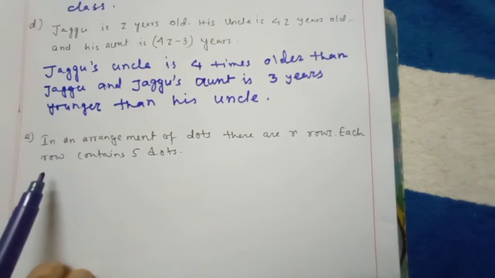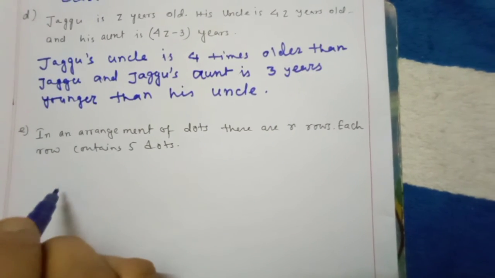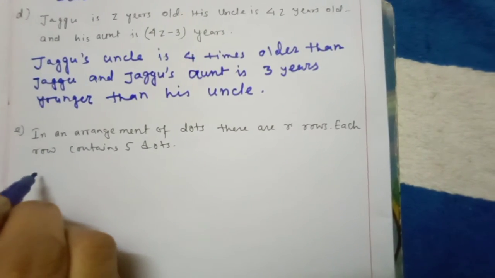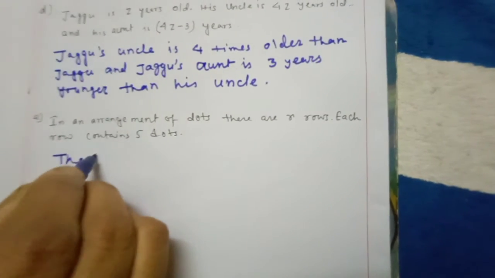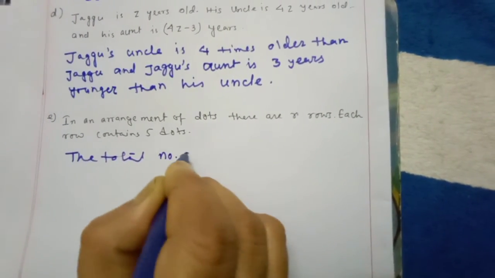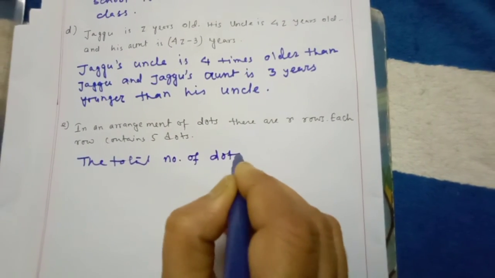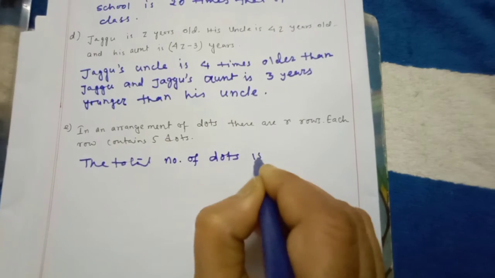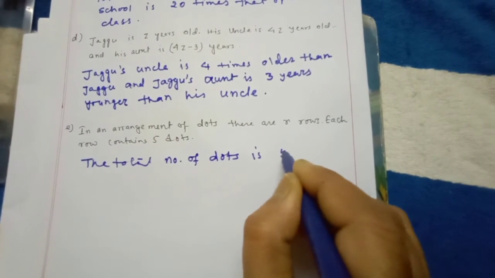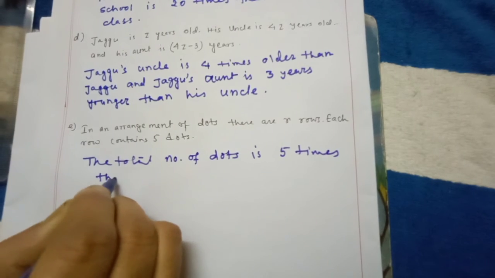Each row contains 5 dots. That means what you have to write? The total number of dots is 5 times the number of rows.